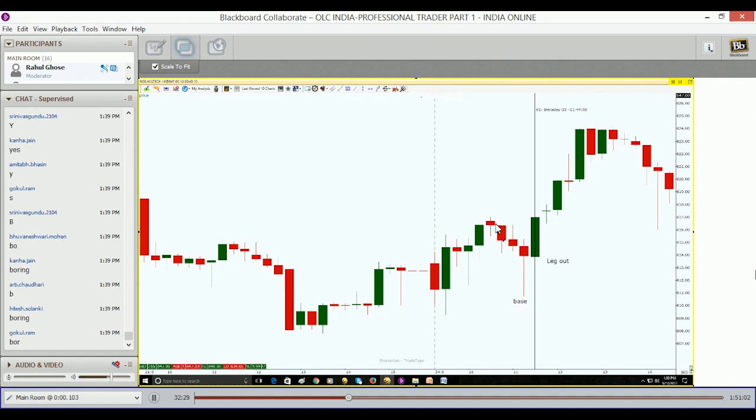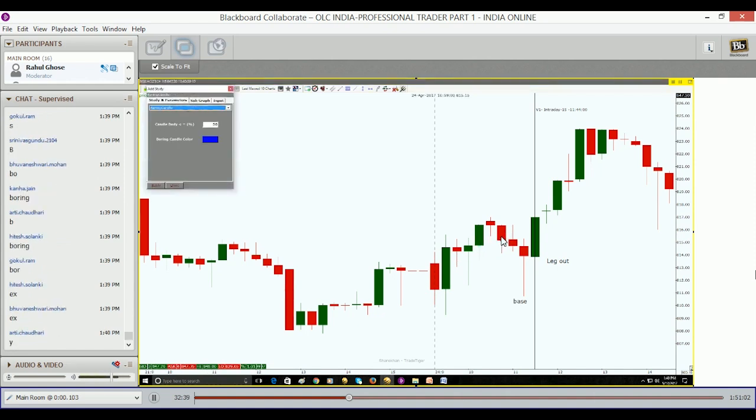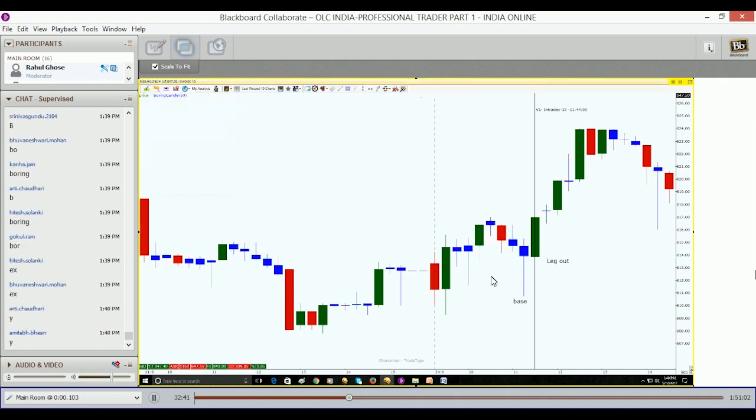This red candle, would you all agree, can be a little dicey, can be boring or exciting? But because my blue candle, boring candle tool was on, you know it is an exciting candle, which means I mark this as my leg in.